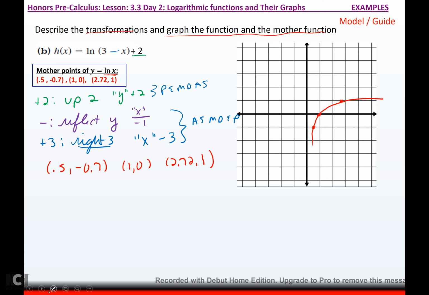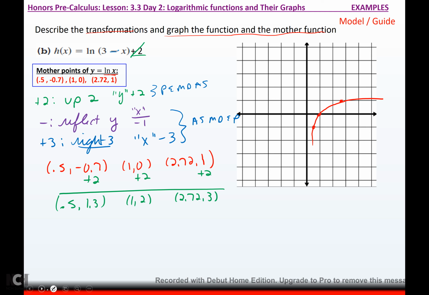If I do my y first, I'm going to add 2 to my y's. That's going to give me (0.5, 1.3), (1, 2), and (2.72, 3). And that's done.